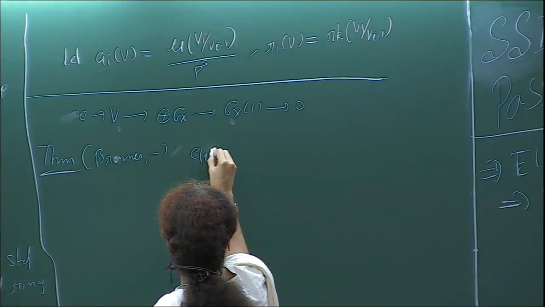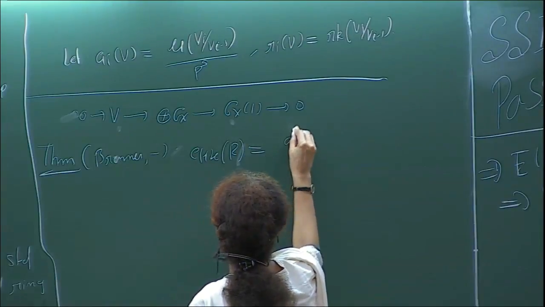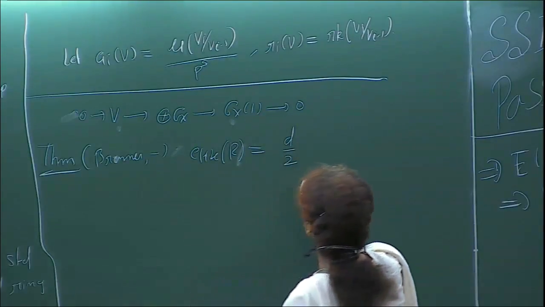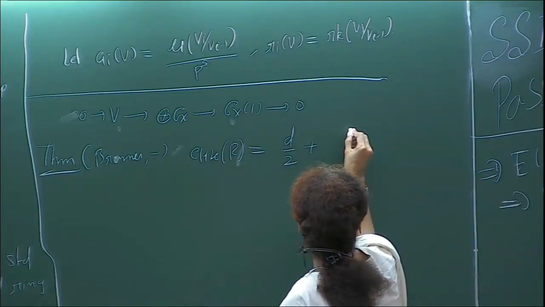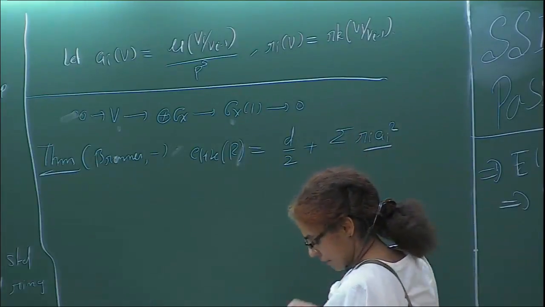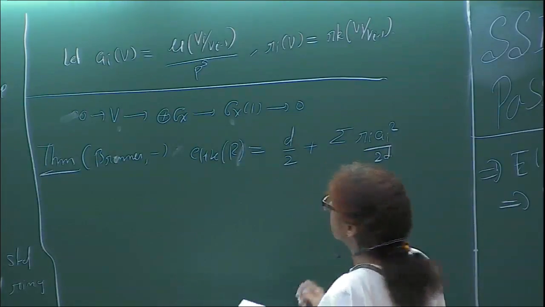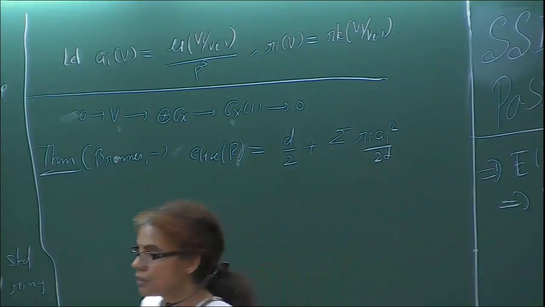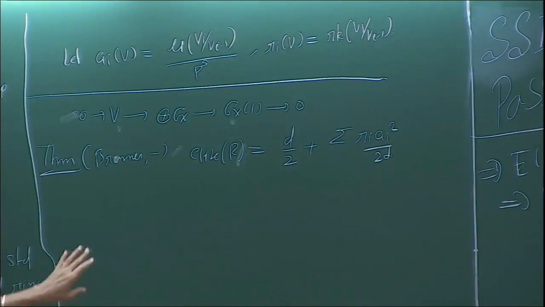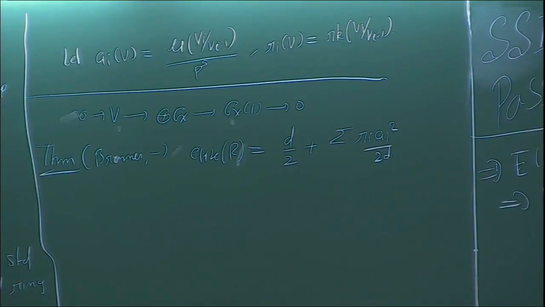It says that your e_HK of this ring will be given by this number: d/2 where d is the degree of the curve, minus the summation of r_i a_i squared upon 2d. Okay. So in particular, e_HK is a rational number for a two-dimensional graded ring.